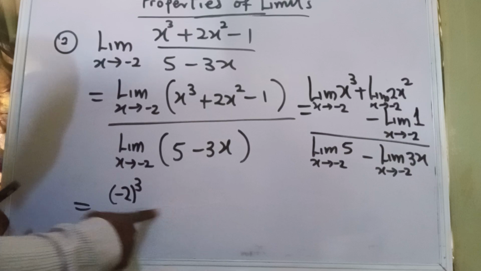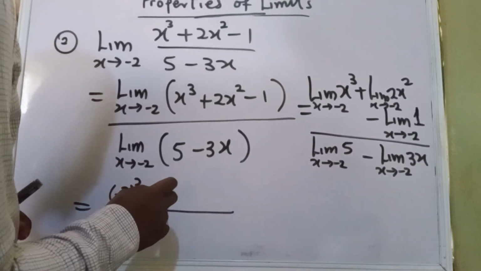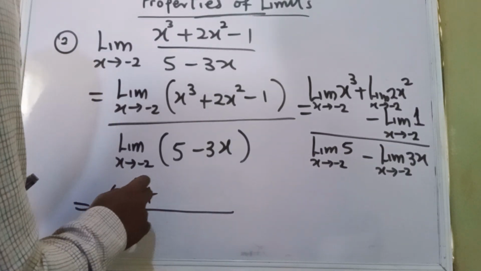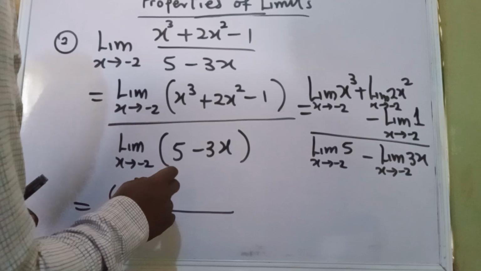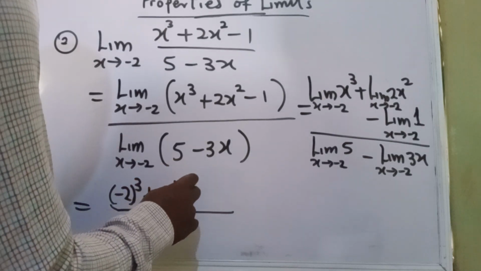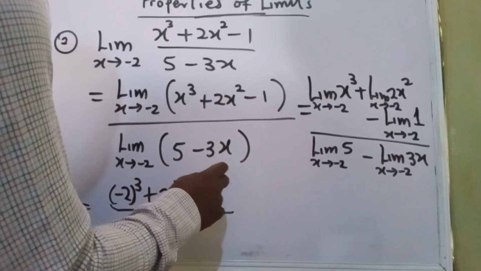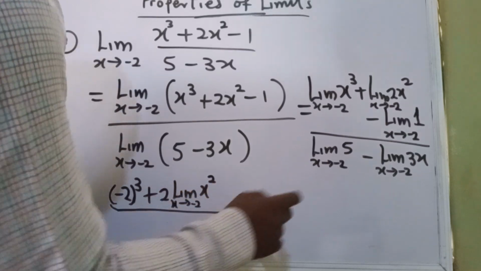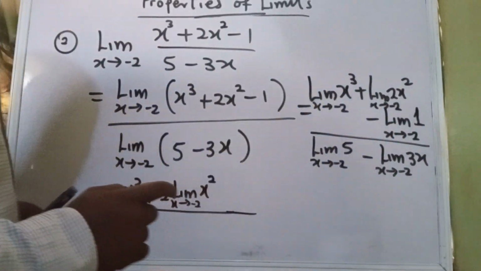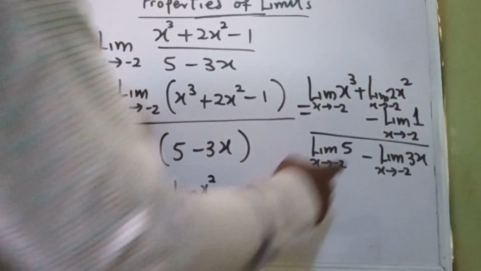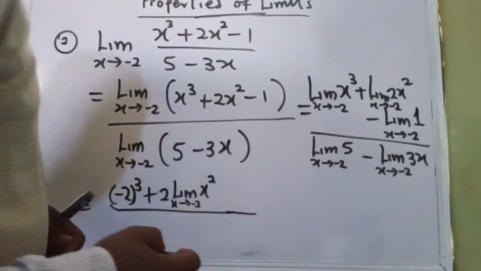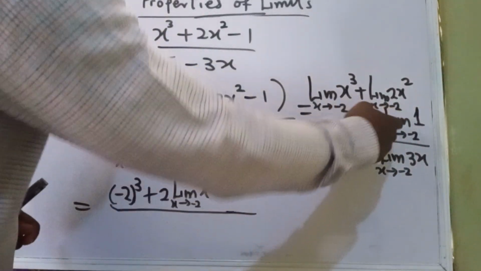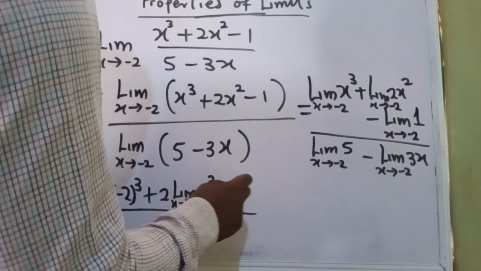Okay, so this will be plus 2 the limit of x squared as x tends to negative 2. And here we apply property 2, as we have said, 1 is a constant. So irrespective of what the operator here will be, it will remain 1.